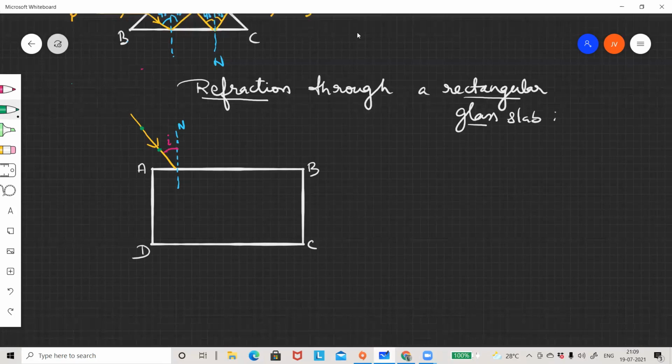vertically. On a drawing board, you place a white paper, and on the white paper, you place a glass slab, draw the outline, write ABCD, and then the incident ray. On the incident ray, you put two ball pins, P1 and P2, say for example. And then from the surface CD, you close one of your eyes and you try to see those two ball pins, P1 and P2, adjusting your head and eyes such that those two ball pins come in a straight line.